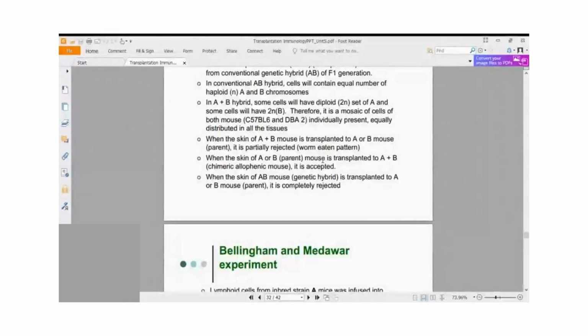Because they were exposed to the antigens of both strains of mouse during the developmental stage. Even though both strains are genetically different, because of the exposure to antigens at the embryonic condition, at the early stage of development, the allophilic mice developed tolerance for graft acceptance of both strains.